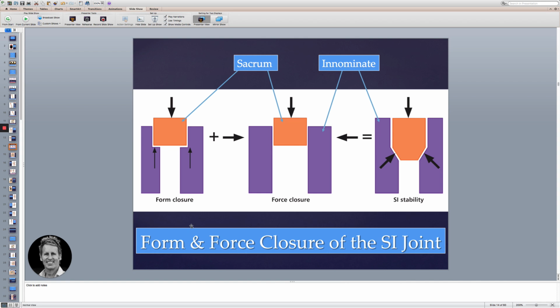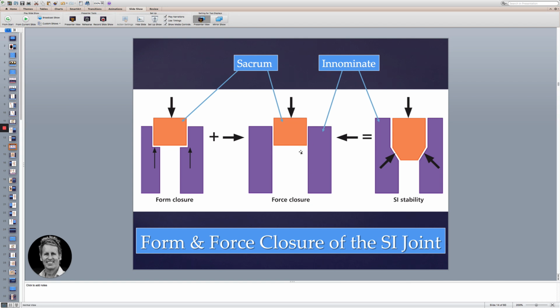Let's have a look at this. So this is what we call form and force closure. So the purple rectangle box will be the two innominate bones, or the hip bones sort of. And then you've got the orange rectangle in between, which is the sacrum. Now, if we stood still, we would only need form closure because we don't need to move our legs. But because we are walking, we would need another mechanism called the force closure, also known as the self-locking mechanism, to provide stability.